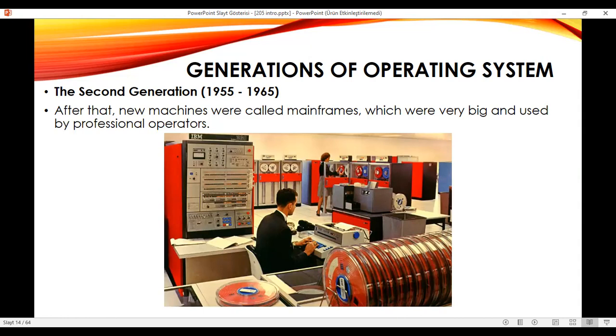There are people working as operators, and their task is just to bring the computer the tasks that the other users are giving. And those big machines are called mainframes at that time, and we still use this term.